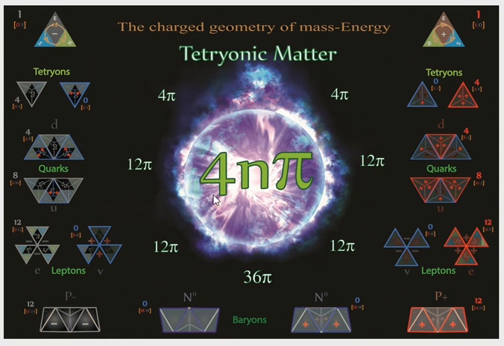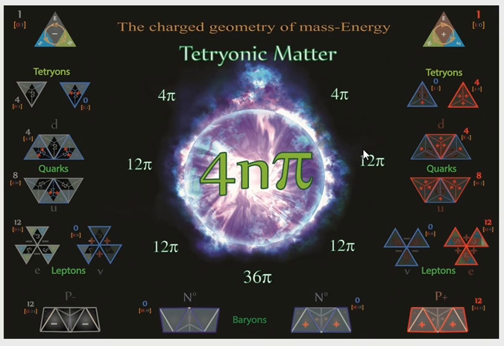Again, this just simply points out that the 4 pi generalized geometry of point particles in quantum physics are in fact 4 n pi tetrahedral geometries, be they equilateral mass energies, or tetrons, or quarks, leptons, or baryons, or even elements themselves.